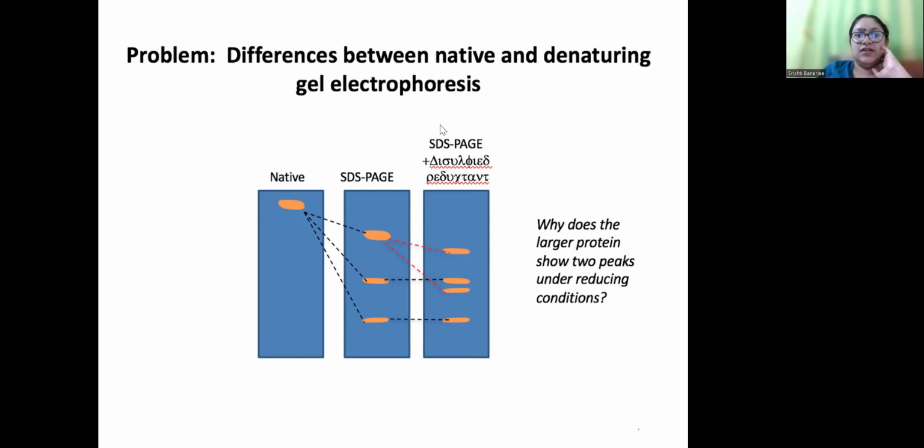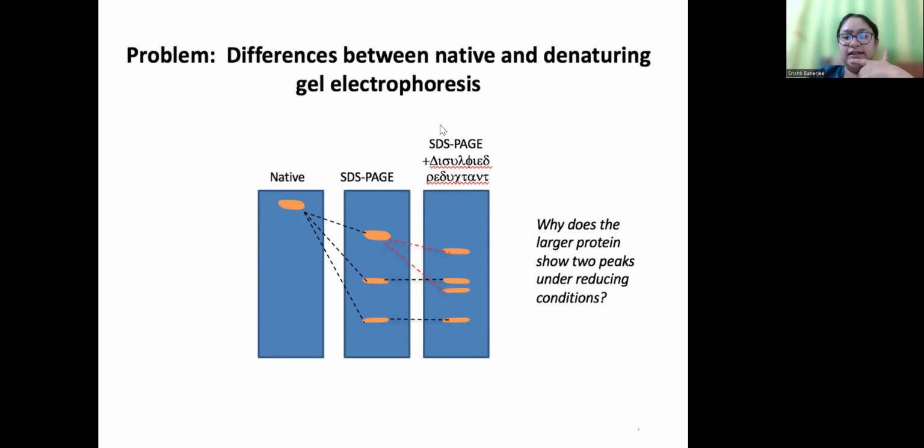Okay. So reducing conditions, as I mentioned, is the addition of any disulfide bond breaker. A disulfide bond is formed between S and S. So under reducing conditions, it will get reduced. That is, it will turn to SH and SH, and the entire structure will break. Okay. So that is why.